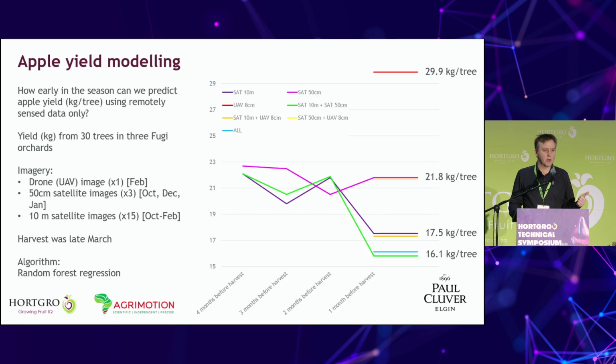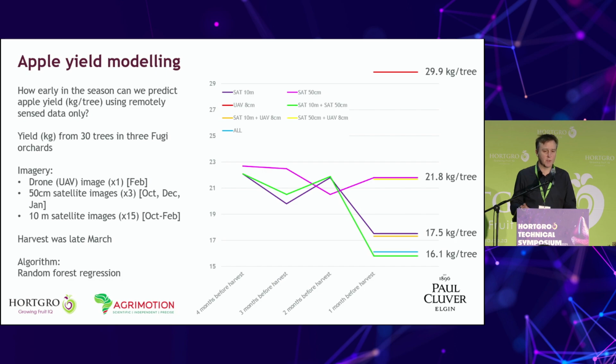We collected 1 drone image. We actually collected more than 1 drone image, but those images were not used in the machine learning. We also collected 3 satellite images at 50 centimeter resolution in October, December, and January, and 10-meter resolution satellite images, the free stuff that we can all get, from October to February.